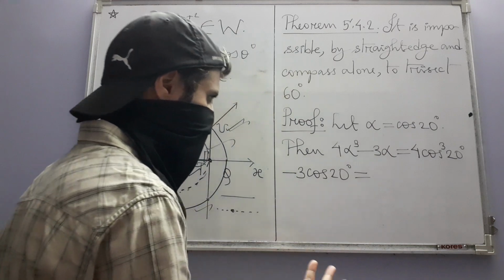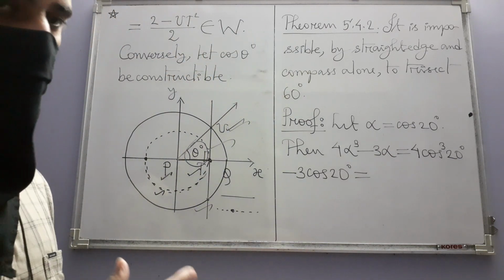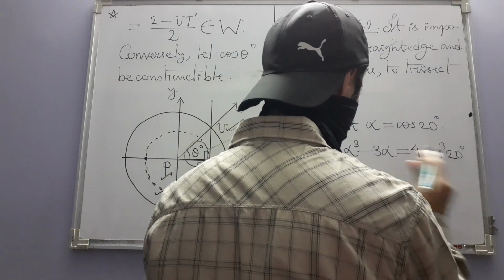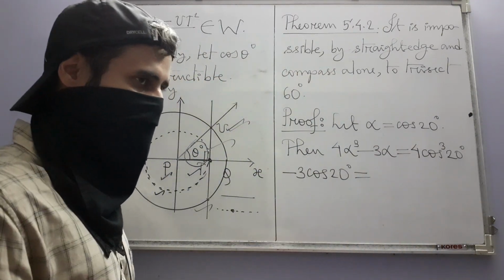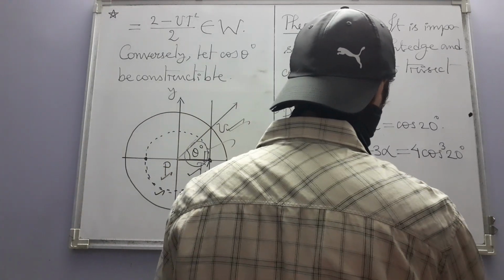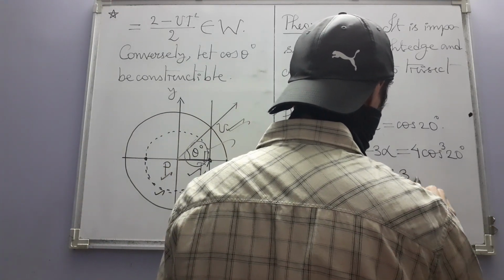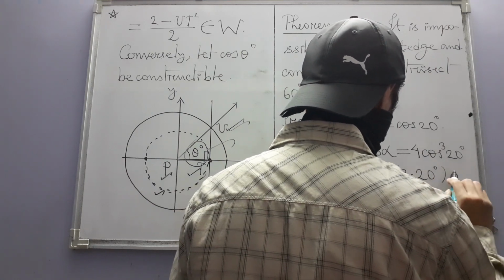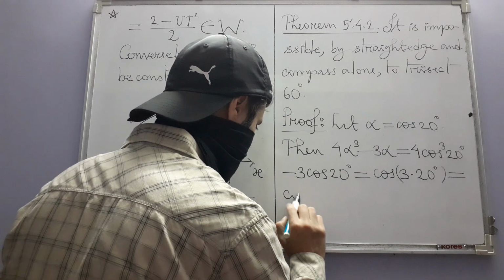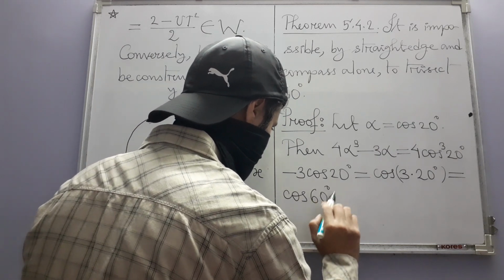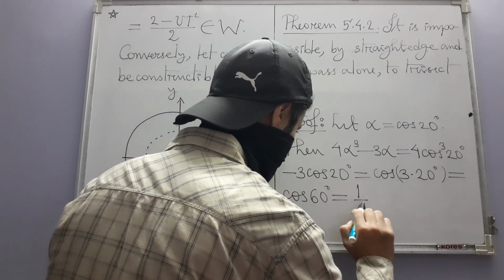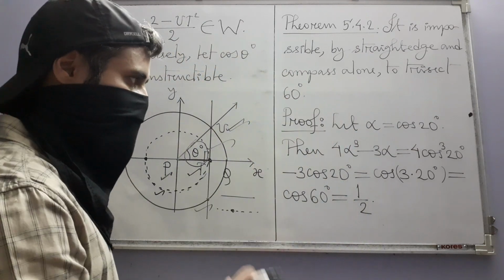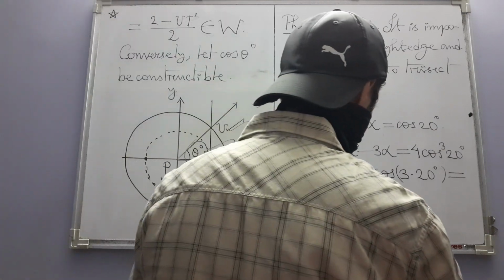Now you must be familiar with this identity from elementary trigonometry, that 4 cos cube theta minus 3 cos theta is cosine of 3 theta. 3 times 20 degree, that is cosine of 60 degree, which we know is 1/2. So 4 alpha cube minus 3 alpha is 1/2.